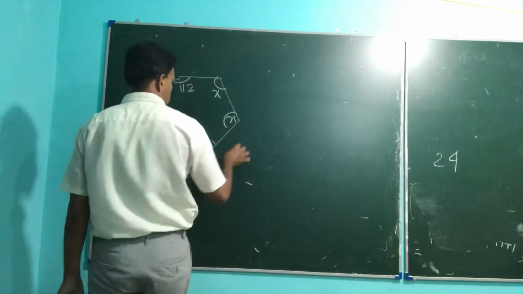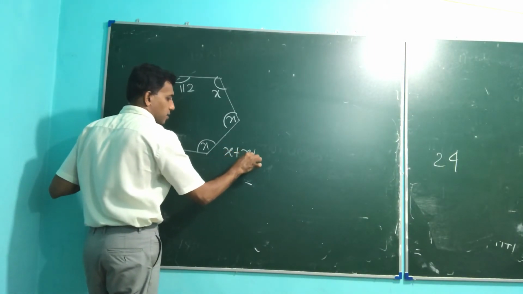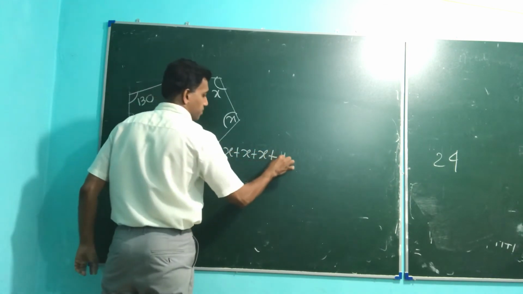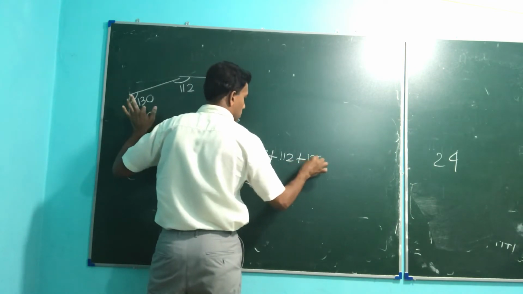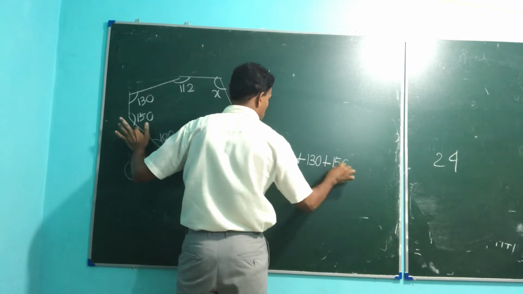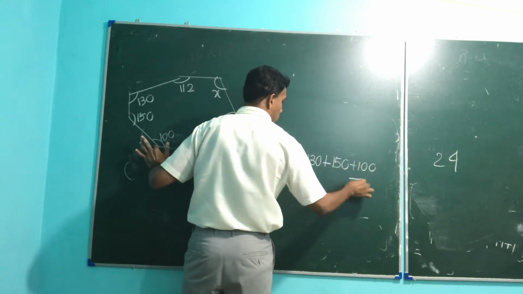So the answer: x plus x plus x plus 112 plus 130 plus 150 plus 100, everything equal to what?